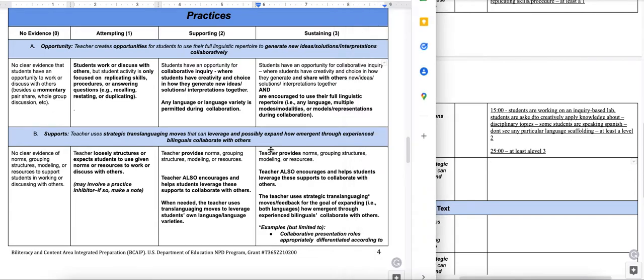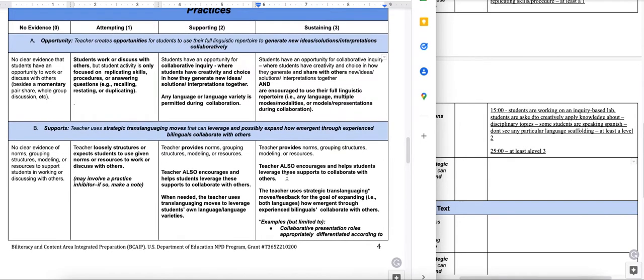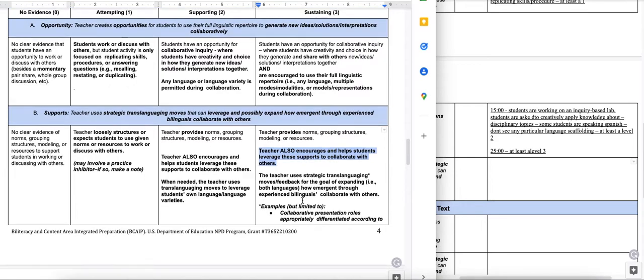And then once you're at a 2, you might start looking for evidence of a 3, where the teacher is providing norms, grouping structures, modeling, or other resources. And the teacher is helping the students leverage those supports to collaborate with others. And the teacher uses strategic translanguaging moves for the goal of expanding how emergent bilinguals collaborate with others.